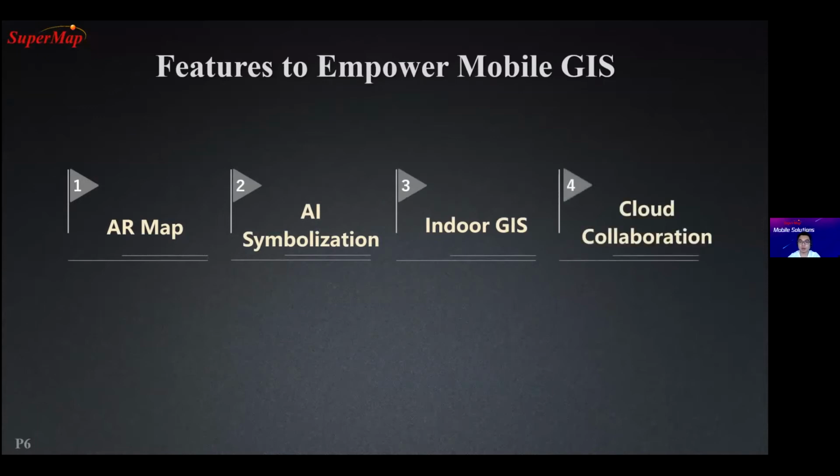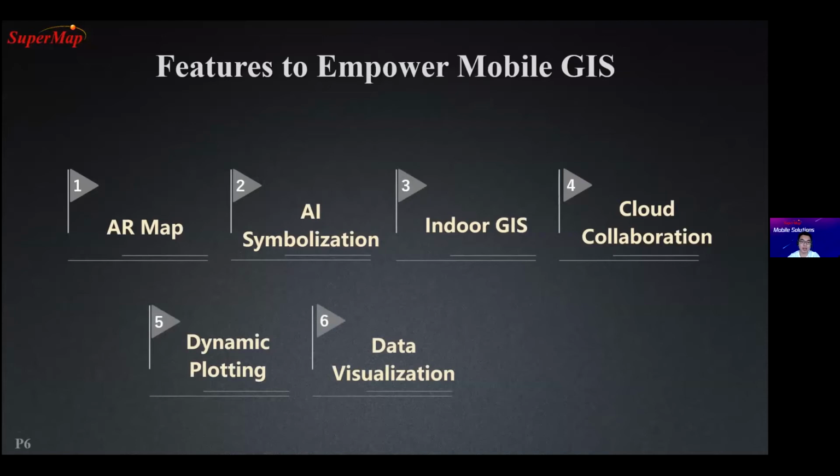When you collect the data, you can also upload to the cloud, so we call it cloud collaboration. And also we have the dynamic plotting. And for the mobile application, you can also do some data analysis, so it's called data visualization. And the last part is data collection.